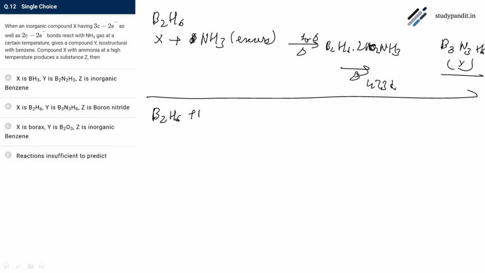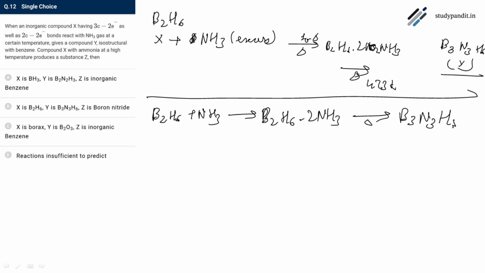B2H6 plus NH3 gives, first, B2H6·2NH3. Then when it's heated, it gives B3N3H6. So we can see this is X, this is Y.